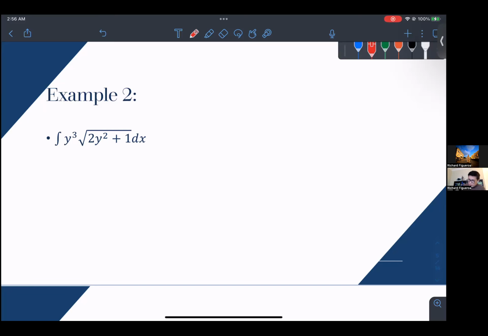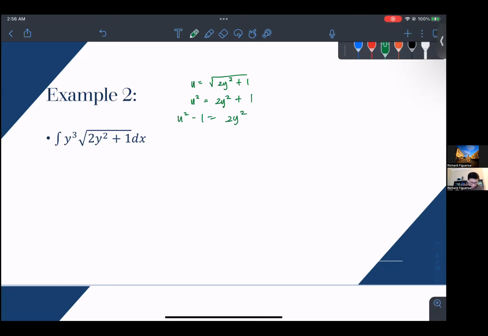Just like what we did before, our u here is the square root of 2y squared plus 1. Then we square both sides, so we'll have u squared equals 2y squared plus 1. And then from here, u squared minus 1 will be equal to 2y squared.